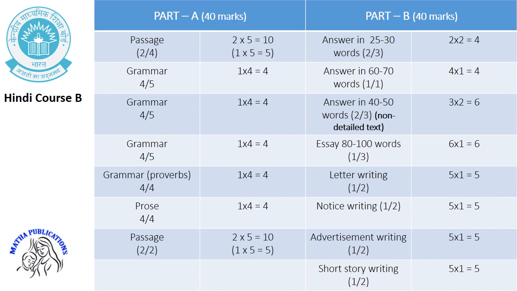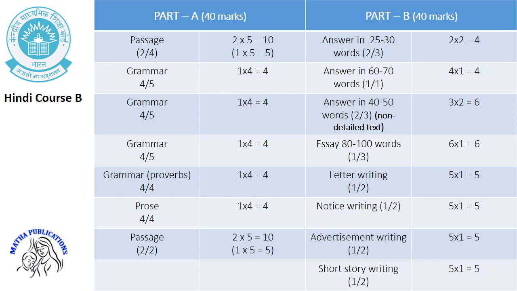Next in part B is the writing section, where you need to write an essay, a letter, a notice, an advertisement, and also a short story. The essay is for 6 marks and is to be written in 80 to 100 words. You will be provided with 3 options and 3 main points that are to be included in each essay.